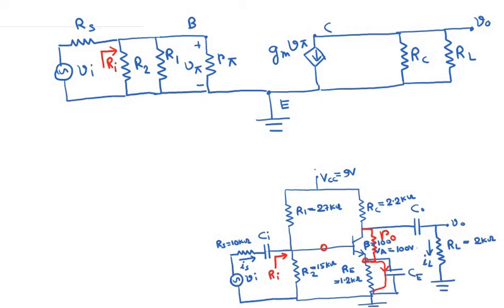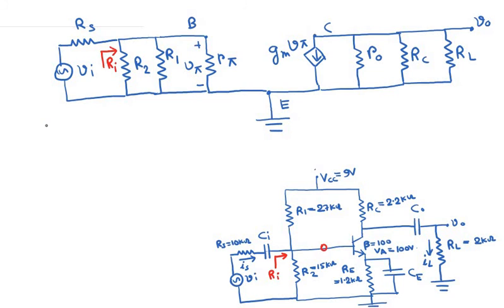So between the collector and the AC ground, this output resistance R0 is also present. So this is basically our small signal equivalent model or AC model for the transistor.